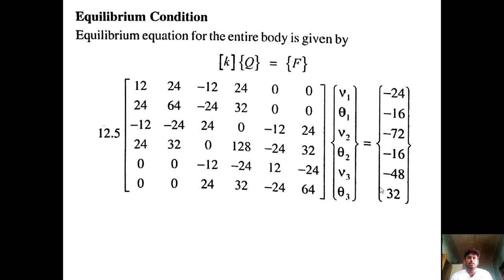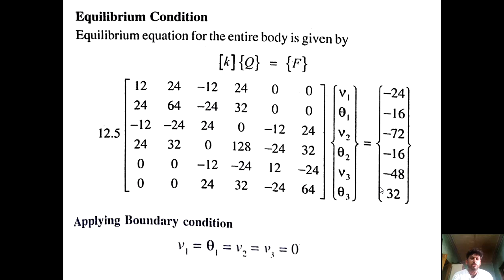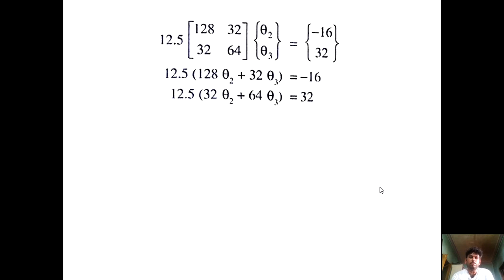Now let's apply the boundary conditions. Node 1 is completely fixed, and nodes 2 and 3 are restricted for vertical deflection. Therefore V1, theta 1, V2 and V3 equal 0. If I eliminate the respective rows and columns, the final matrix will be like this.